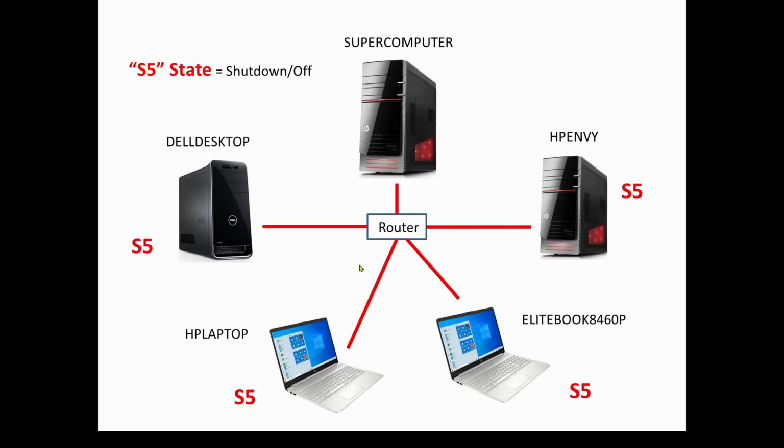So if you're trying to configure this, keep in mind we're looking at what's called the S5 state. Now, if you're going to leave your computer on sleep or hibernate, that's going to have different requirements, and it may be a lot easier to set up your Wake on LAN if it's in sleep mode, for example, because it's not really shut down. It's just at low power mode. So what we're going to talk about is when you actually turn it off completely, but you've got some sort of 5-volt standby powering your adapter.